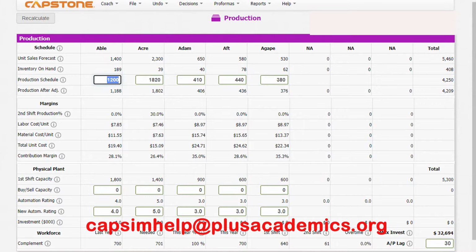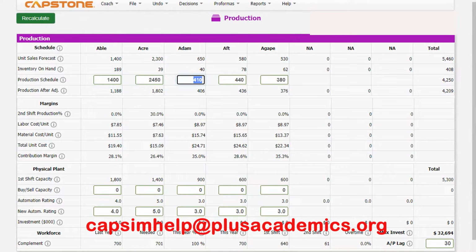Because you have to sell 1,400 and you have some inventory, you can just produce that 1,400. Here we are projected to sell 2,300. Our inventory is very small. Let us try for 2,450, just to have some leeway in case the markets turn out to be better than projected.